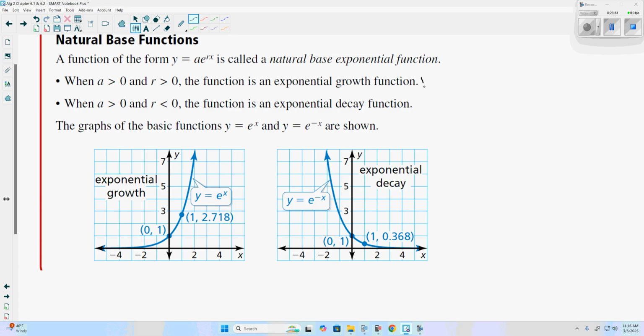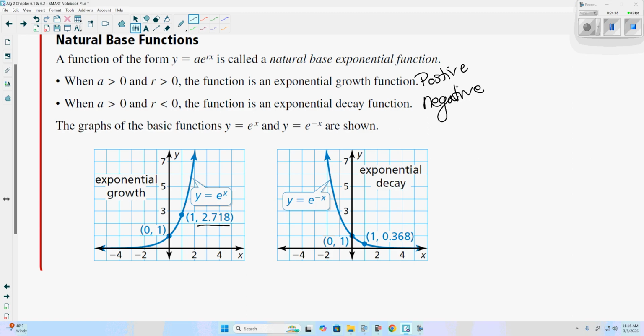Now, if the exponent is positive, it's going to be growth. Because if the exponent's positive, we have this 2.718 to a positive power, so the base is greater than 1. Now, if it is a negative exponent, it's going to be exponential decay.